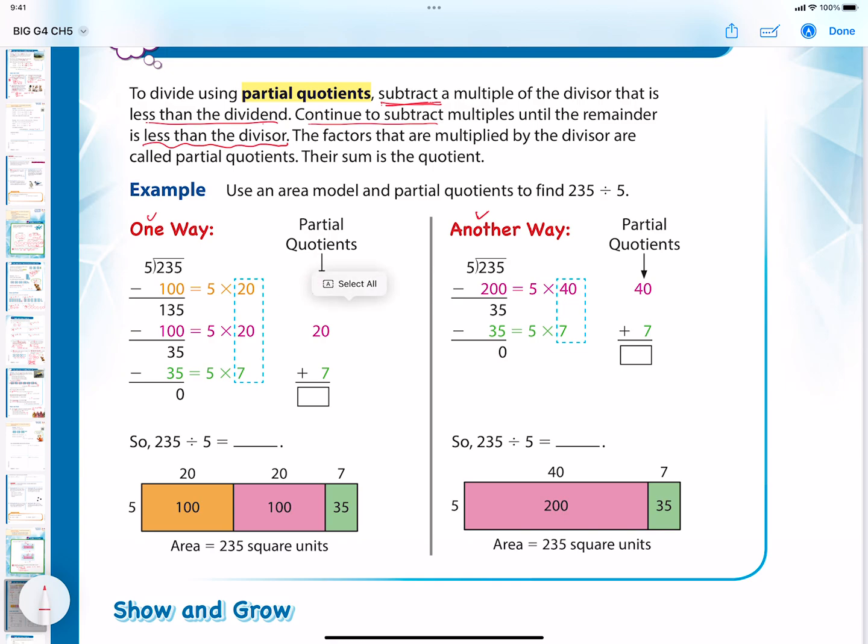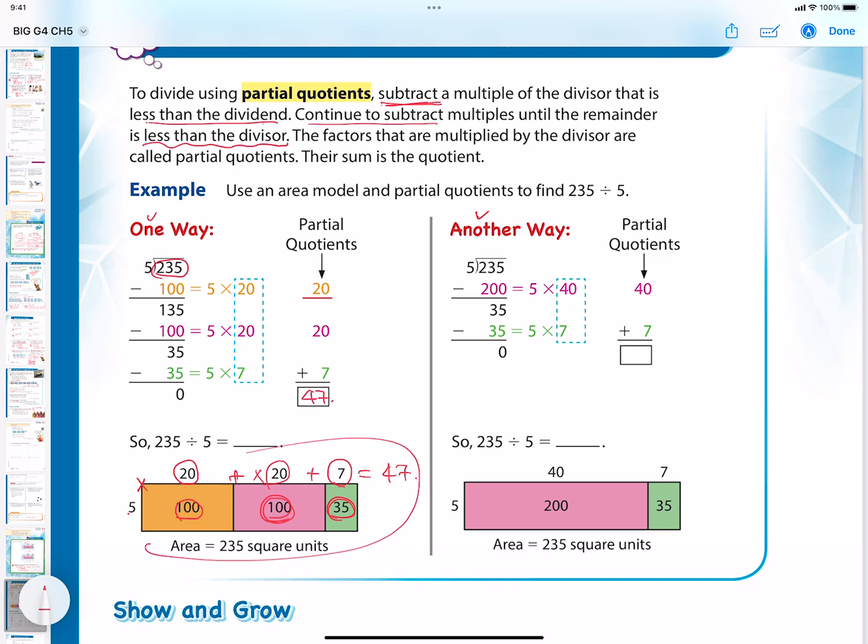So now they split this 235 into 100 and 100, plus 35. So 5 times what makes 100? Yes, we know 20. That's what goes in here. And then 5 times another number is going to make 100, which is the same 20. And then 5 times one number is going to make 35, which is 7. And then when you add all together, 47 you are going to find.